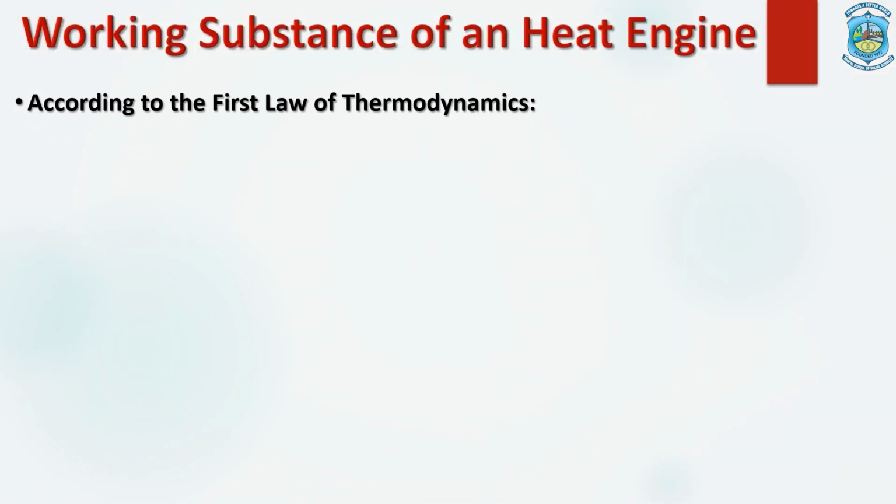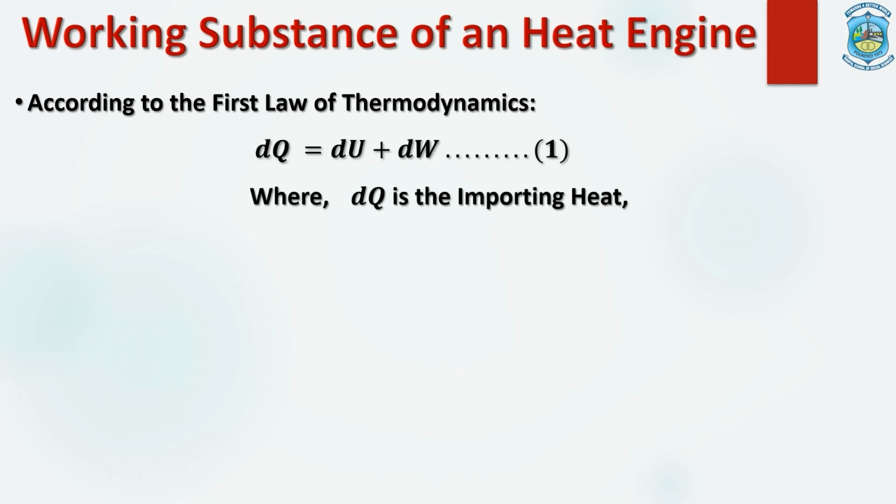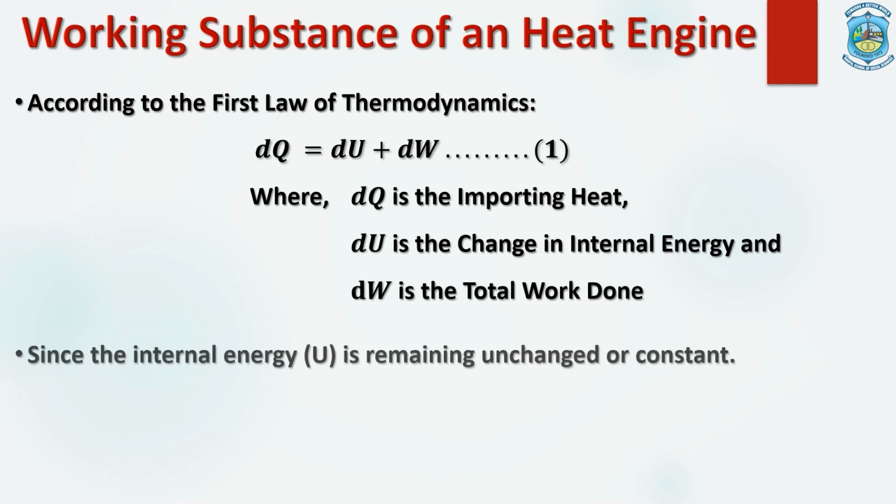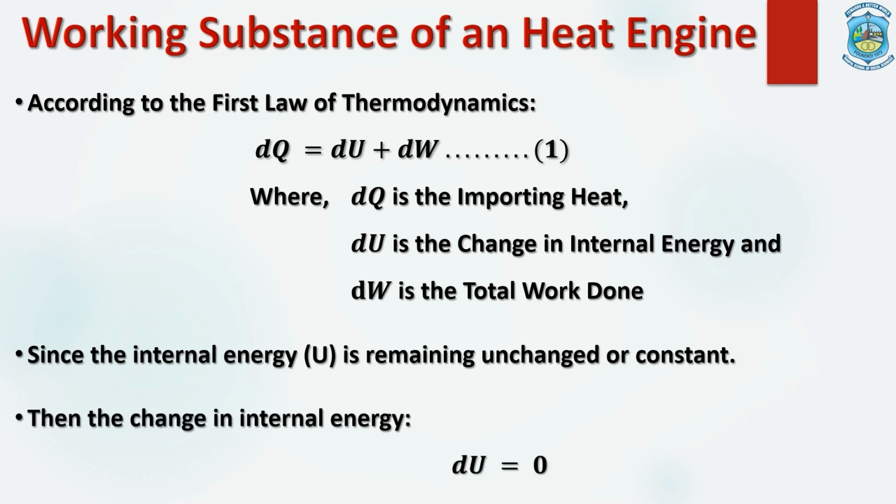So, the equation of the first law of thermodynamics is dQ equals dU plus dW, where dQ is the imparted heat, dU is the change in internal energy, followed by dW, the total mechanical work done that we are having by this engine. Since, as I have told, U is not getting changed, it is a constant value, so dU is equal to 0.